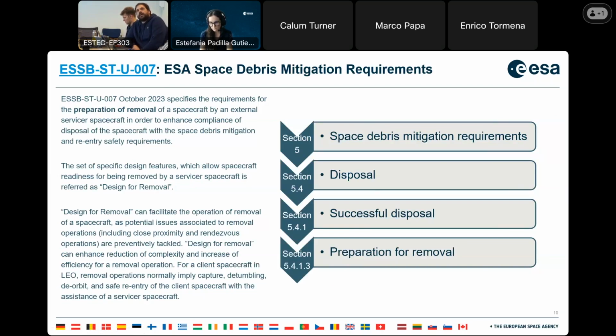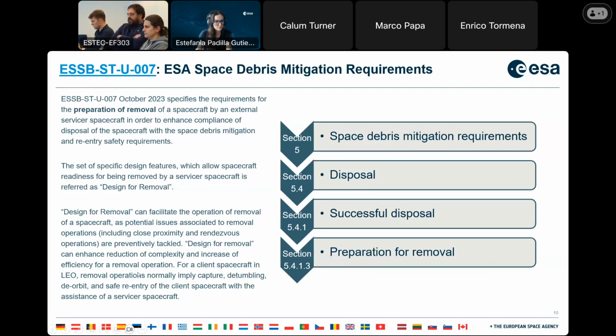Here we are reporting some of the most important requirements related to the preparation for removal that are in the ESA requirement document, the Space Debris Mitigation Requirement Document that has been issued October last year. In this document, state all the requirements for the preparation of the removal of the spacecraft by an external servicer.